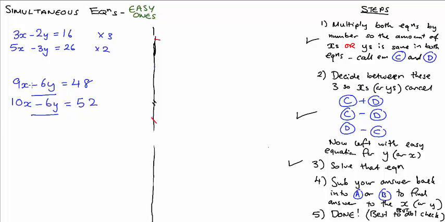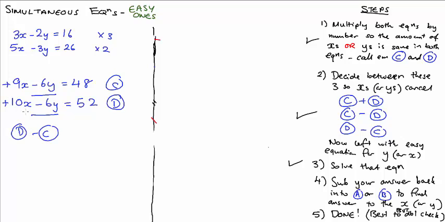Because d has a bigger x, I might as well take d minus c, because then I'll do 10x minus 9x. If I do c minus d, I'm going to get minus x. So let's go for d minus c.